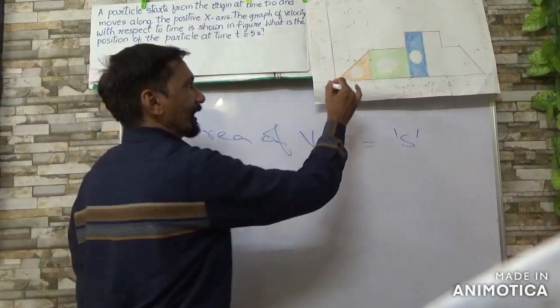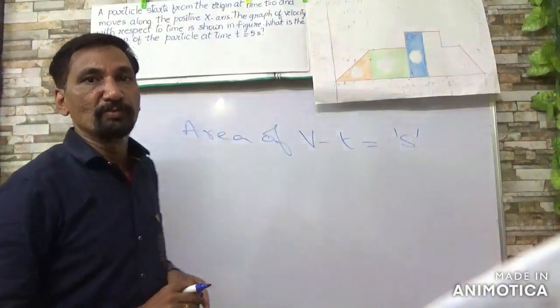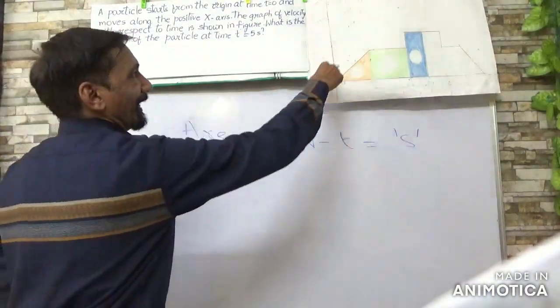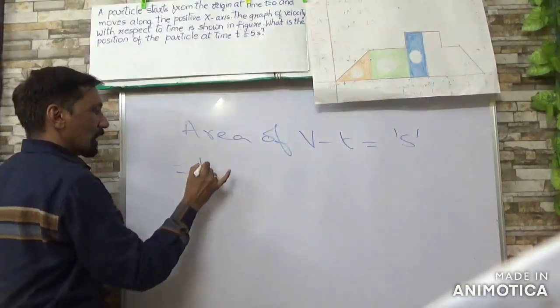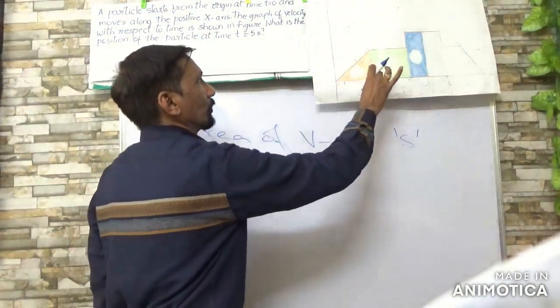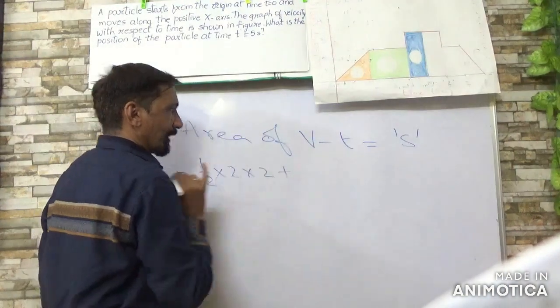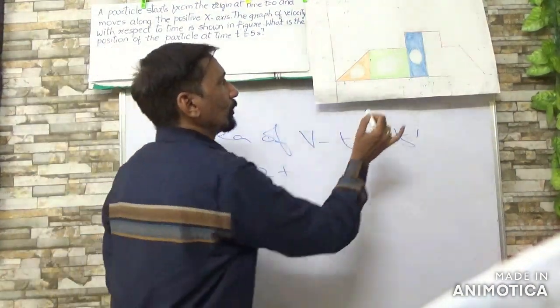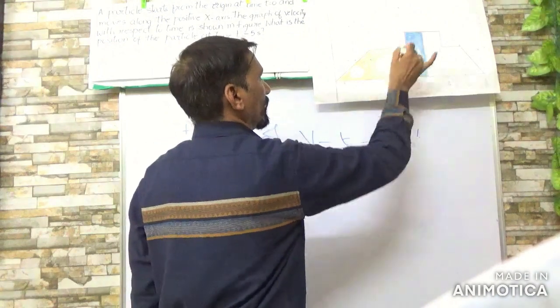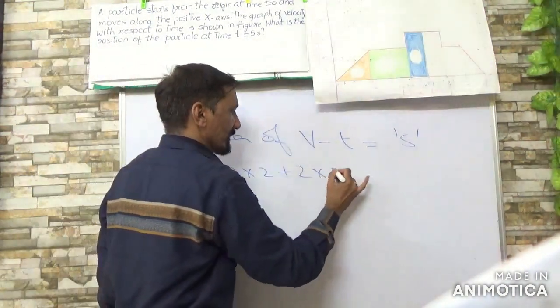So the first one is a triangle, and moreover all are on the positive side, so they must be added. Triangle: half base into height, base is 2, height is also 2. Plus 2 to 4, difference 2, this is also 2, nothing but a square.